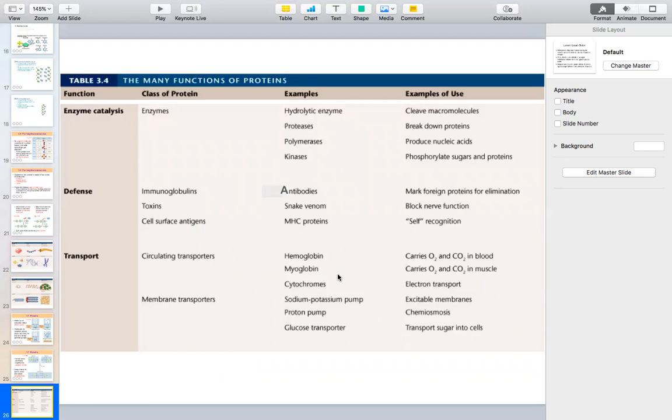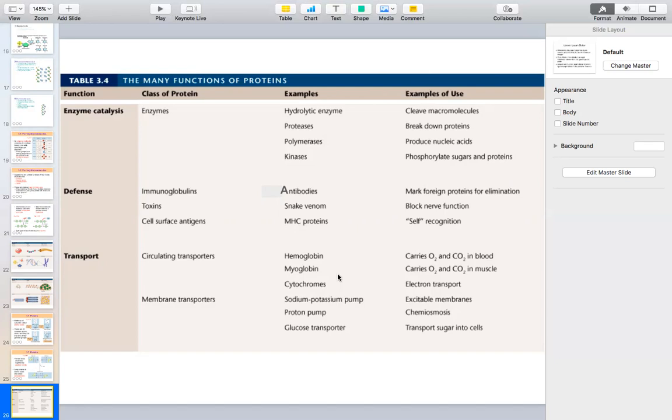So if you see the word protease, we know it breaks down proteins. If we see polymerases, we know that it produces nucleic acids, and kinases phosphorylate, adding a phosphate to a sugar. Some are involved in antibodies, helping fight against snake proteins and toxins. And some are involved in transporting, like hemoglobin, which is responsible for transporting oxygen in your body.